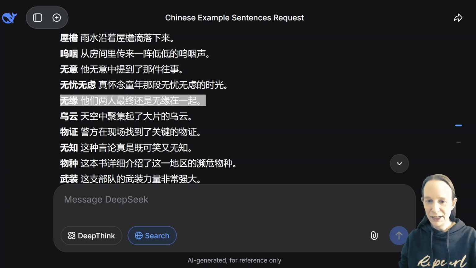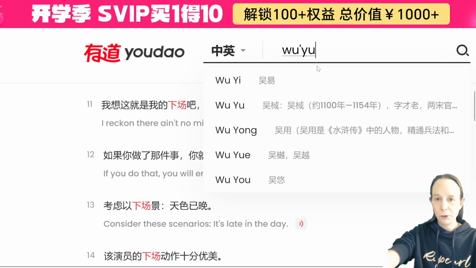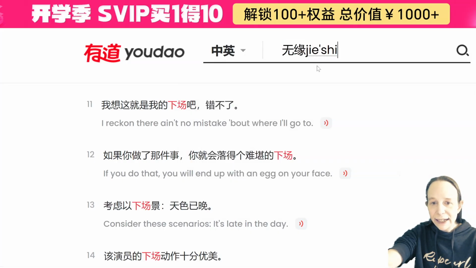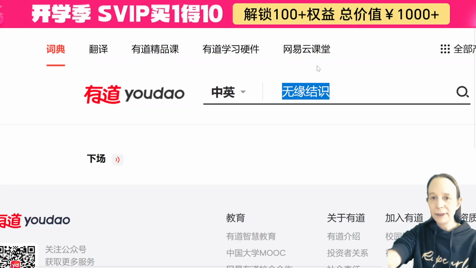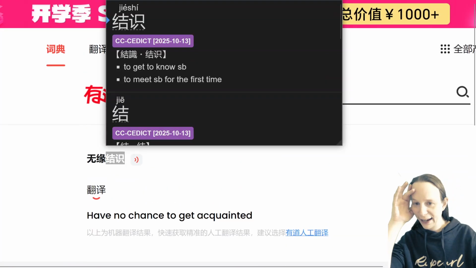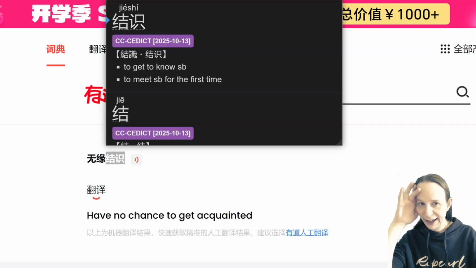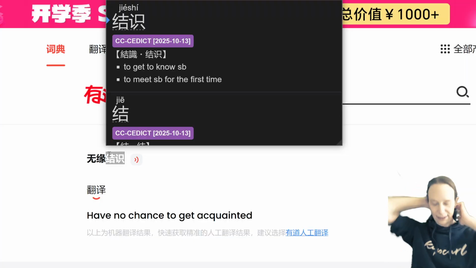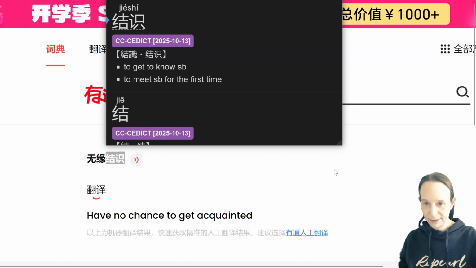Let's put it in here. 无缘结识. This one. So the 结 is like 结婚的, and 识 is like 认识的识. All right. So it's the same meaning as well.